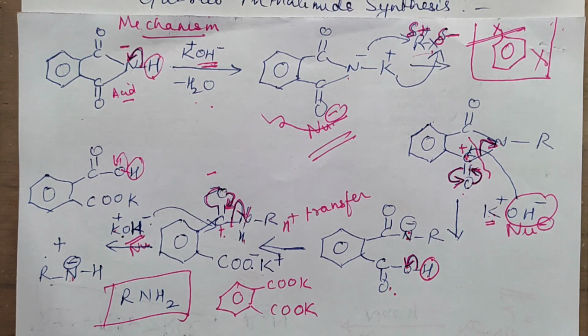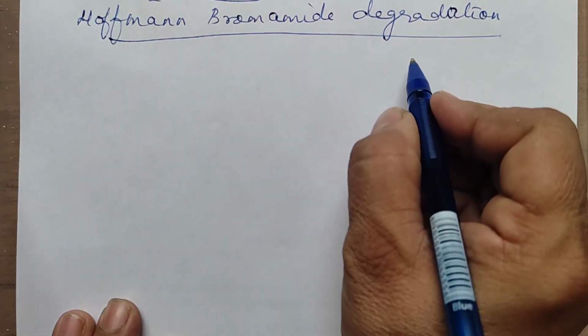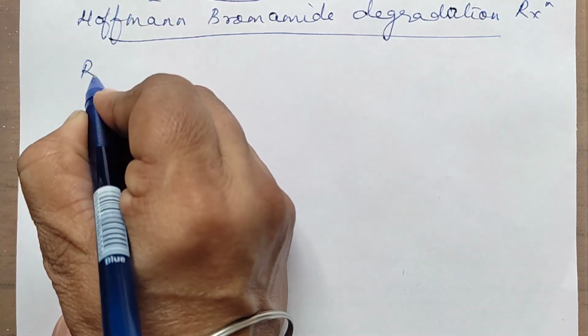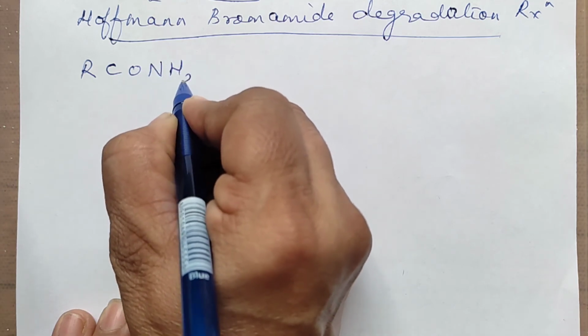Now one more method is left in the preparation that we are going to discuss, that is Hoffmann's bromamide degradation reaction. So let's discuss this. What happens in this Hoffmann's bromamide degradation reaction? You are taking an amide, say RCONH2.